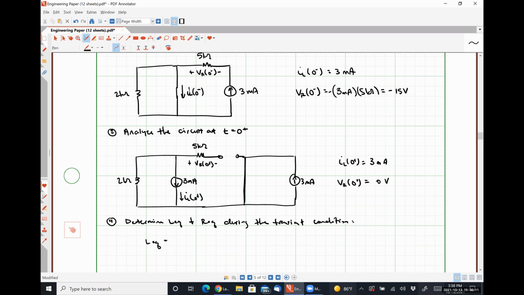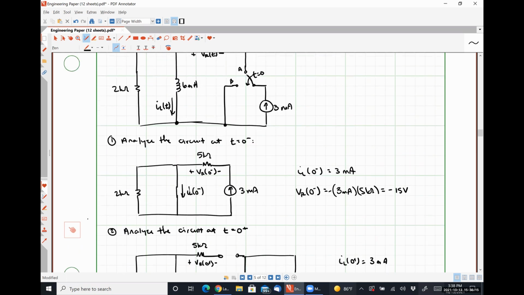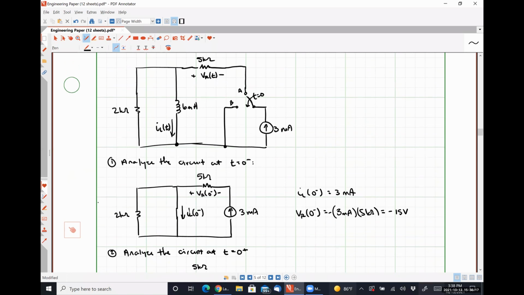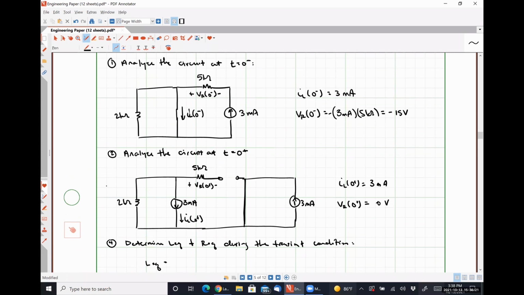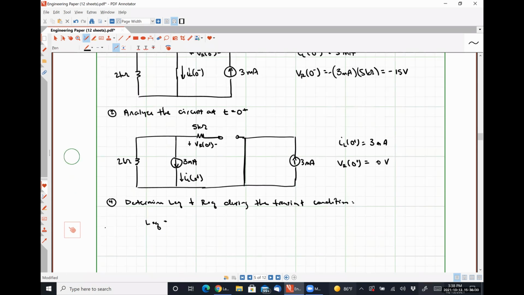What's LEQ going to be? There's only one inductor, so it's just going to be 6 millihenries.